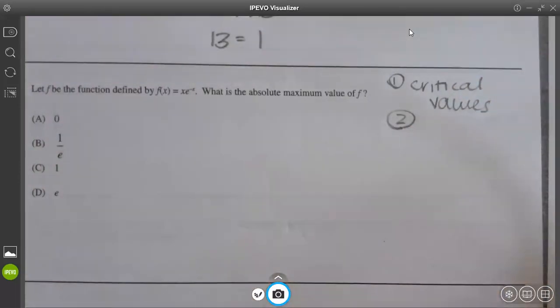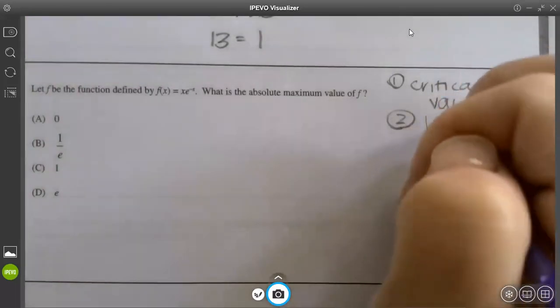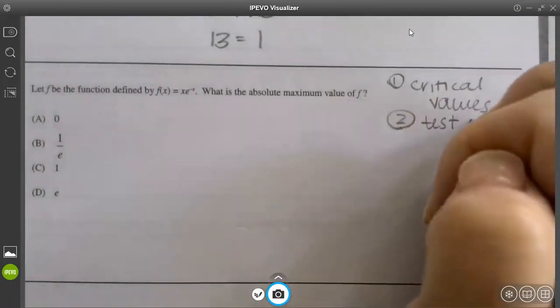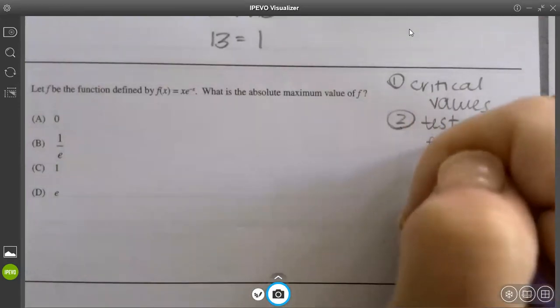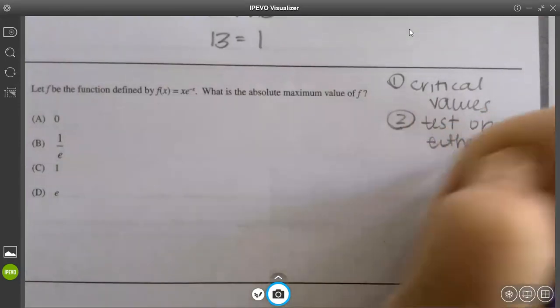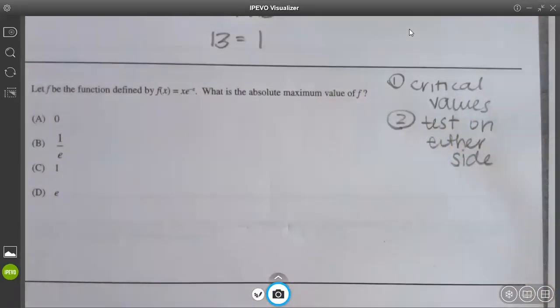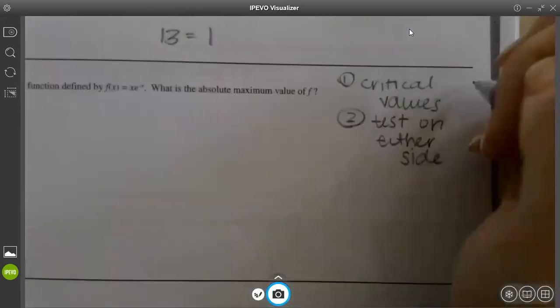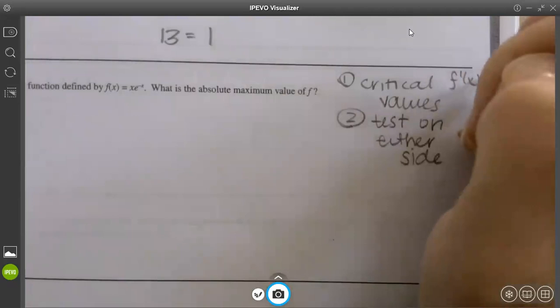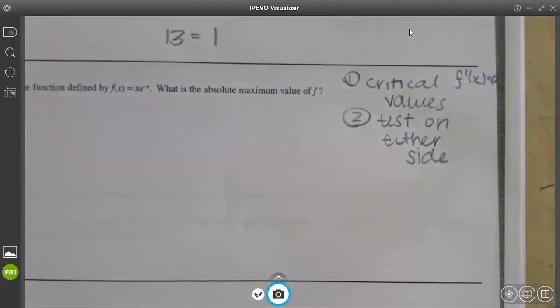Find your critical values, and you're going to test on either side, and I'll explain that in just a second. Do you remember how to find your critical values? What equal to 0? The derivative. So on this one, set your derivative equal to 0.